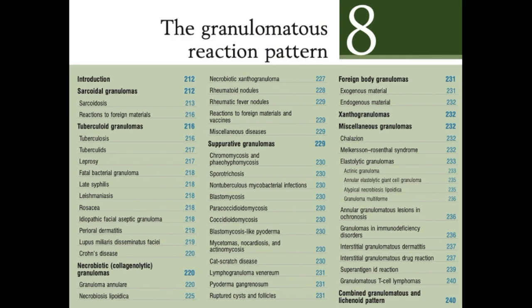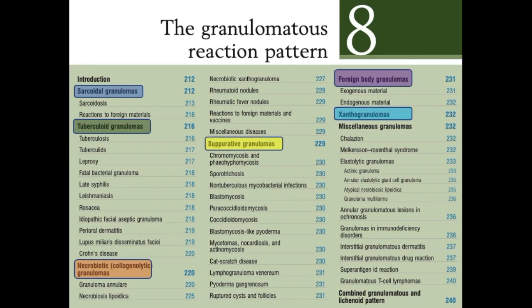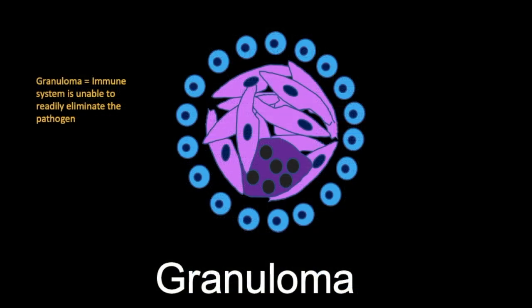If you look into the chapter by Weedon, it is divided into different categories with lots of examples that follow the same pattern. And we'll try first to identify the granulomas, and then we will try to see how we study those diseases. So, what is granuloma?